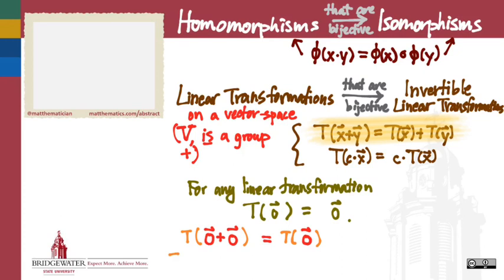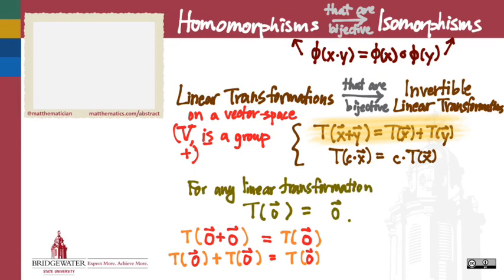I can simplify it by using the fact that T is a linear transformation. It respects the operation of addition. In other words, it's a homomorphism of the additive group of vectors. And therefore, I can break out this addition into T of 0 plus T of 0.